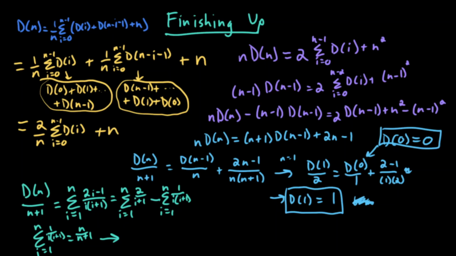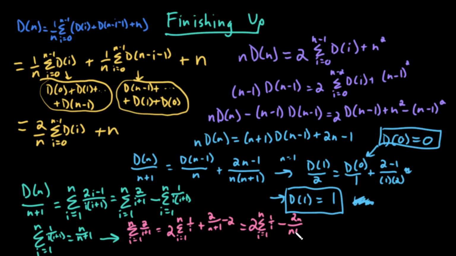Therefore, we get the sum from i equals 1 to n of 2 over i plus 1 equals 2 times the sum from i equals 1 to n of 1 over i plus 2 over n plus 1 minus 2, which equals 2 times the sum from i equals 1 to n of 1 over i minus 2n over n plus 1.